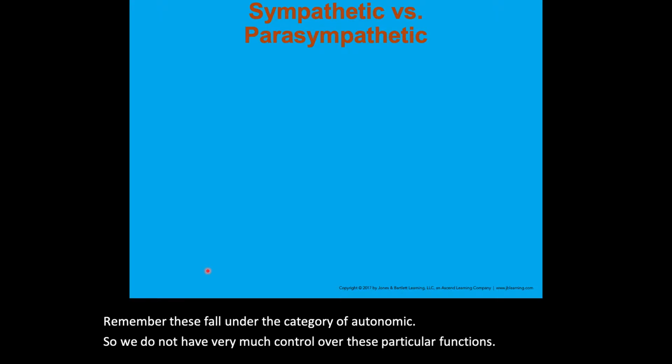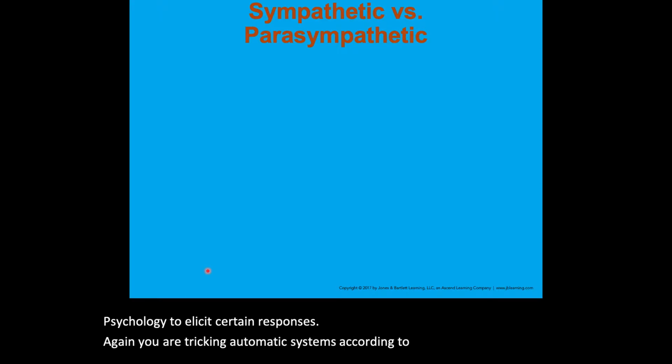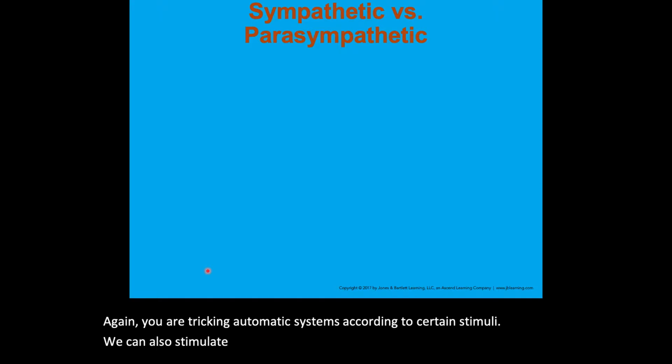Now, you can kind of exploit psychology to elicit certain responses, but again, you are tricking automatic systems according to certain stimuli. We can also stimulate some of these systems through medication or drug use to elicit a desired effect. And I'll bring up some examples of that.